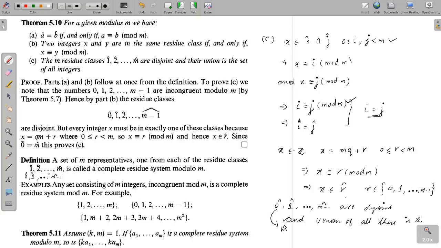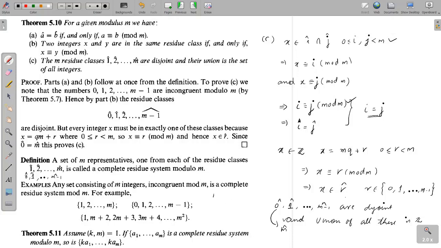Both are the same, because if you replace m cap by 0 cap, then the complete residue system can be defined as a set of m representatives, one from each of these residue classes, either from these or from this, is called a complete residue system modulo m.